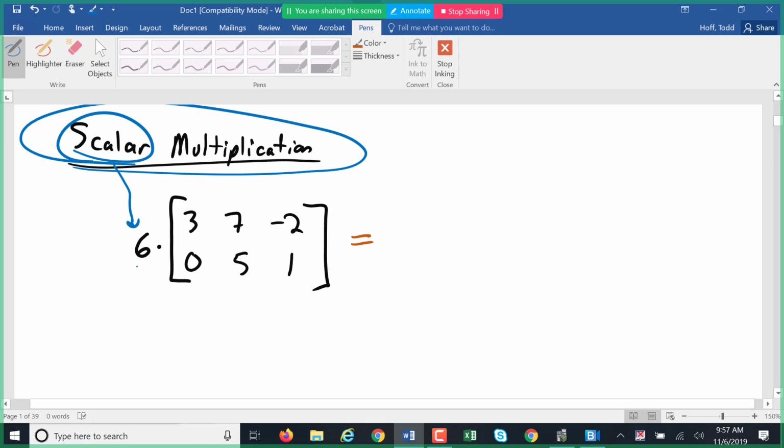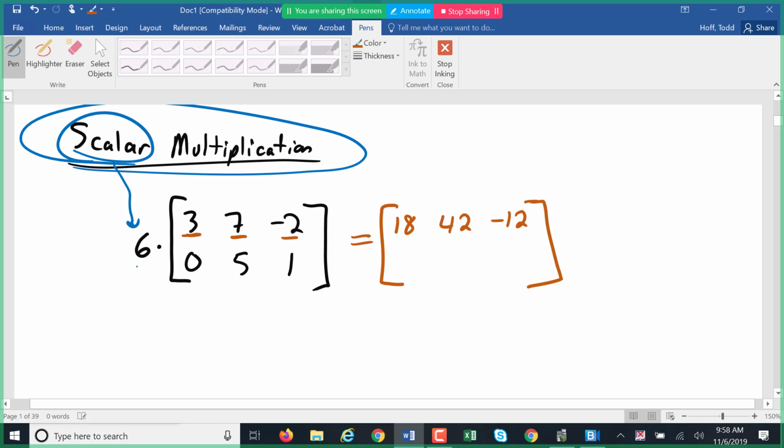We just simply multiply each element in the matrix by 6. So it doesn't change the dimensions. The 2 by 3 matrix is going to stay a 2 by 3 matrix. 6 times 3 is 18. 6 times 7 is 42. And 6 times negative 2 is negative 12. That's the first row.